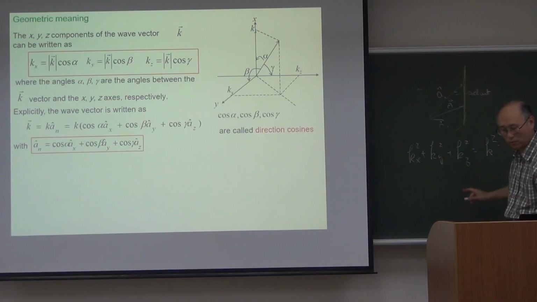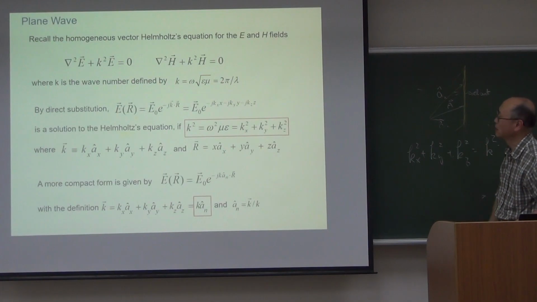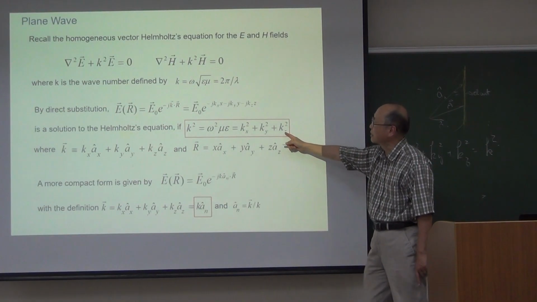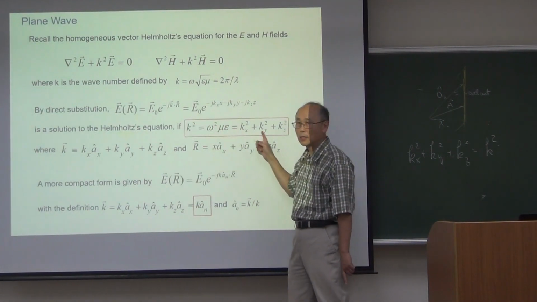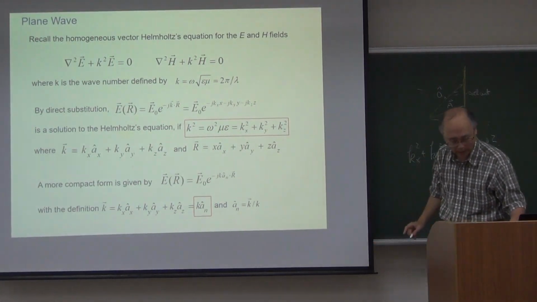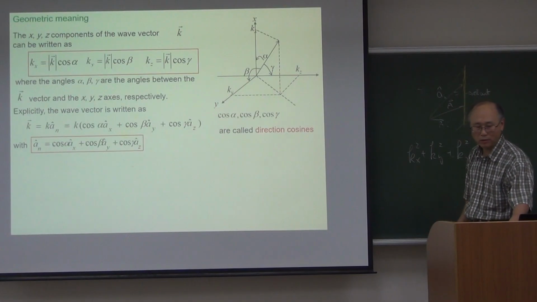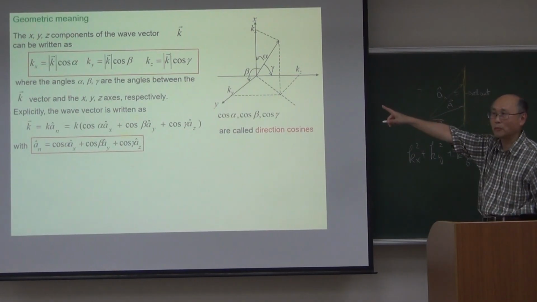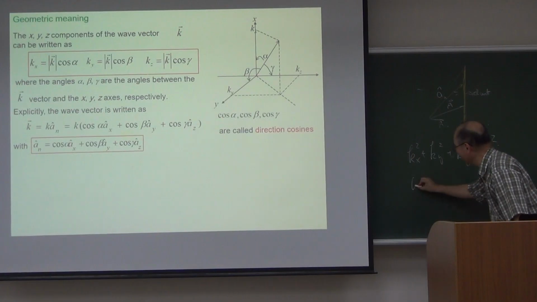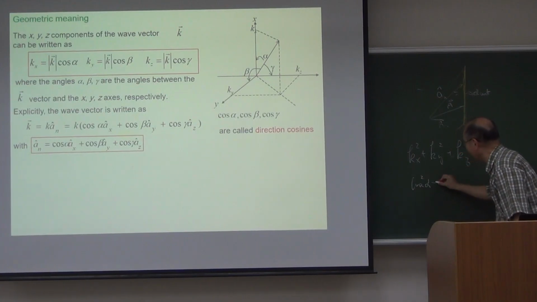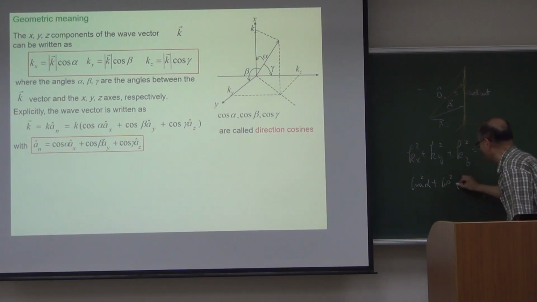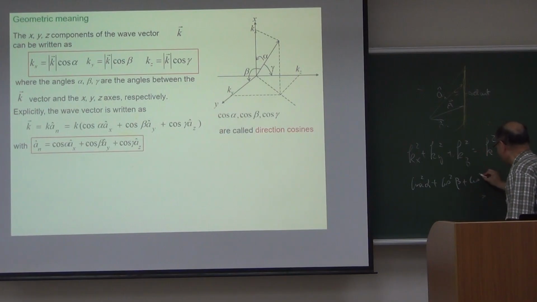This is the condition we have right here. If this is going to be a solution, this condition has to be satisfied. So if we put it into such a geometric construction, then you have cosine squared alpha plus cosine squared beta plus cosine squared gamma equals 1.